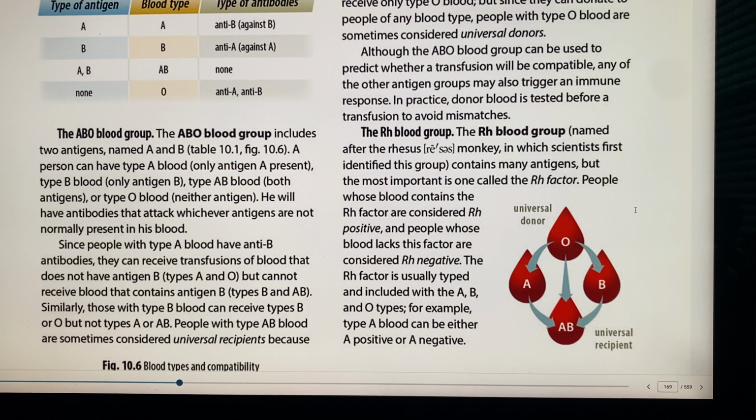The RH factor is really important because if you're RH negative and you receive positive blood, you can have a severe reaction. So negatives cannot receive positives, but of course positives can receive negative.